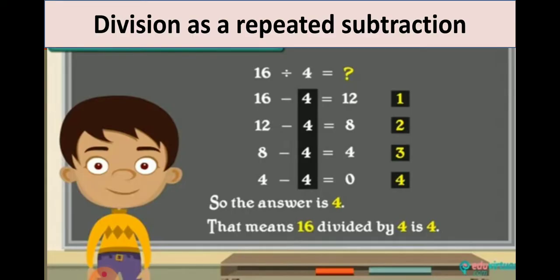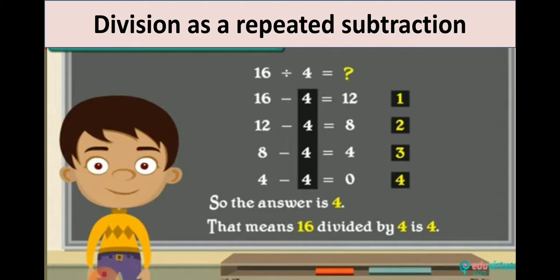Division as a repeated subtraction. So here you can see we have to divide 16 by 4. Let us see how division is a repeated subtraction. Let us subtract 4 from 16. When we subtract 4 from 16 we get 12. First time we subtracted. Then again we subtract 4 from 12 and we get 8.